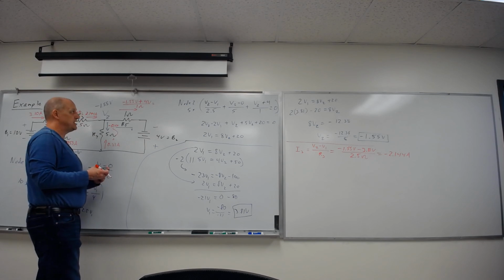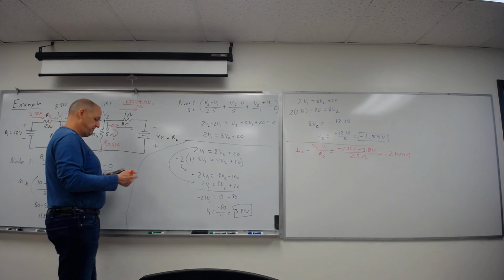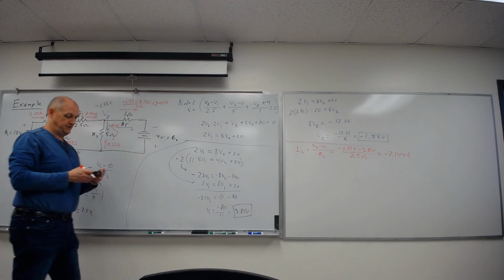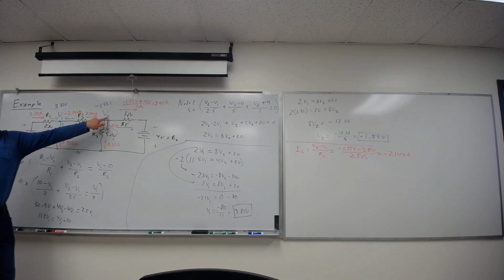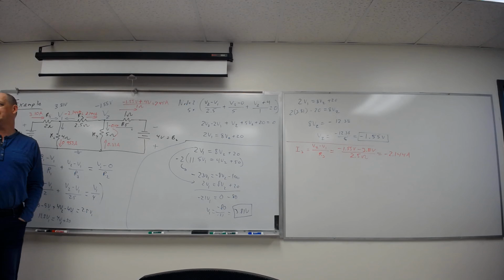So effectively, minus 1.55 plus 4 divided by 1 is 2.45 amps. Again, I have 2.144 that flows in here, and I add 0.31, I get my 2.45 amps.